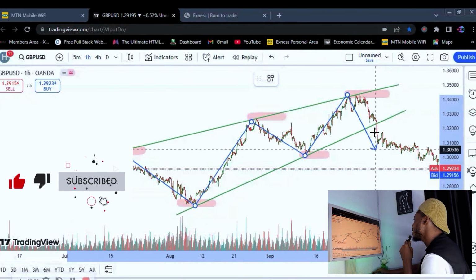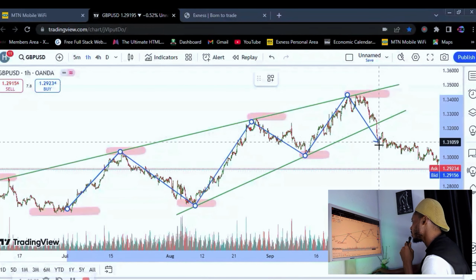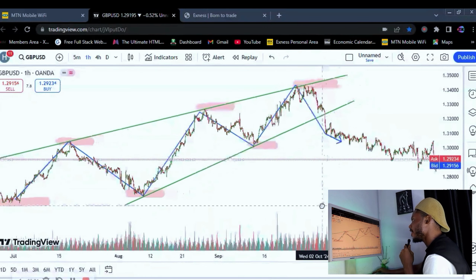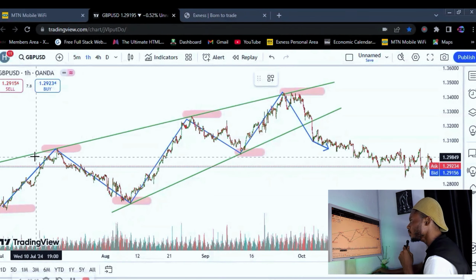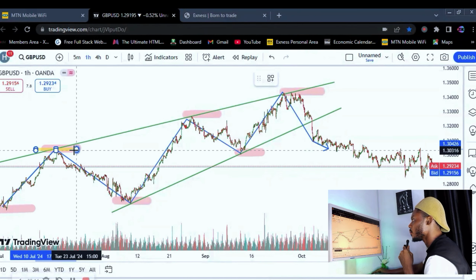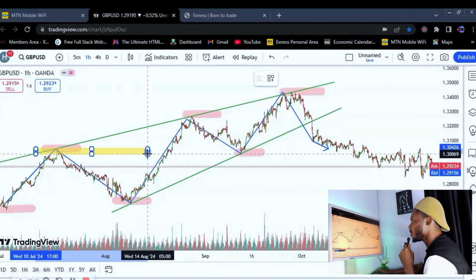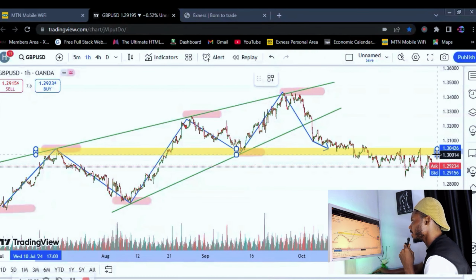So price actually dropped out of this particular place here. We have this support over here. Let's quickly draw this. This is a support here, because this was a resistance, right? So this will be our structure support and this is structure support.